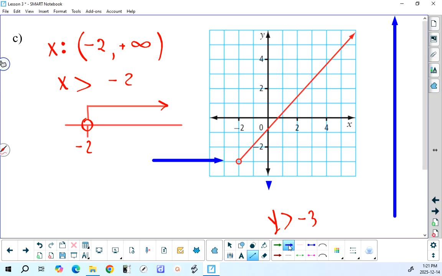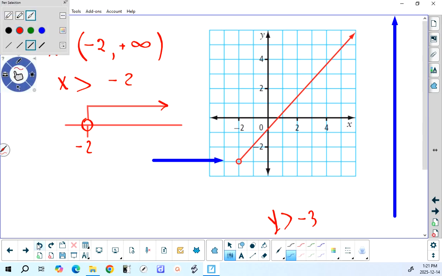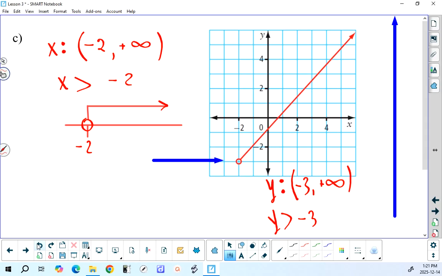And if you want, you can say y is the set of numbers from but not including negative 3 up to but not including infinity. Because of course you can't get to infinity. No matter how close you get to infinity, you're not there yet. So there's the domain and range.